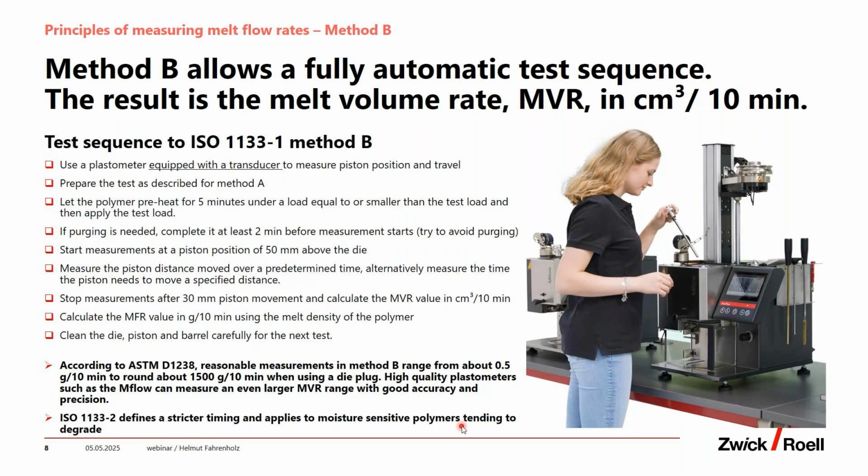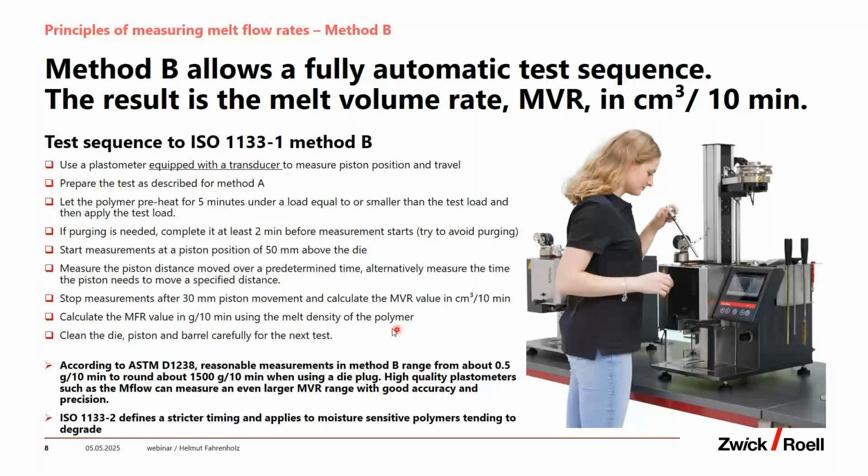The advantage of method B is that you can use it for a very, very large range of MVR values because we do not need the cutting. We have a direct travel measurement, so the range of values we can measure here is very, very large.